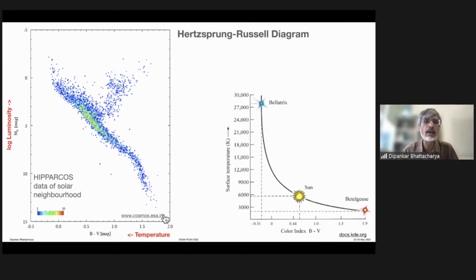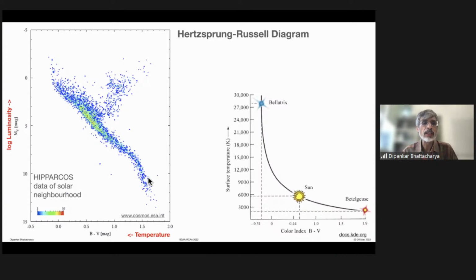Here I have shown the result from a satellite called Hipparcos, which measured the distances of many stars and made possible construction of this diagram with a very large number of objects. And this has been further expanded now by the currently operating satellite called Gaia. But our point is adequately made from the Hipparcos satellite, so I'm going to stick to this.